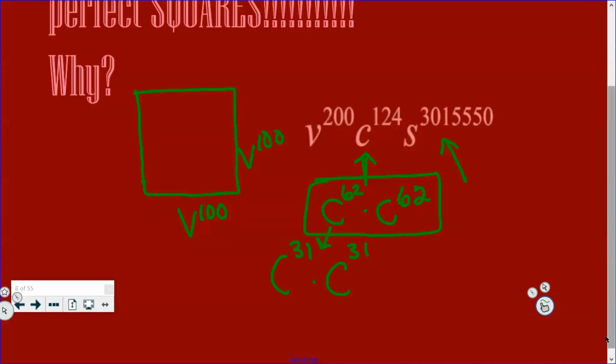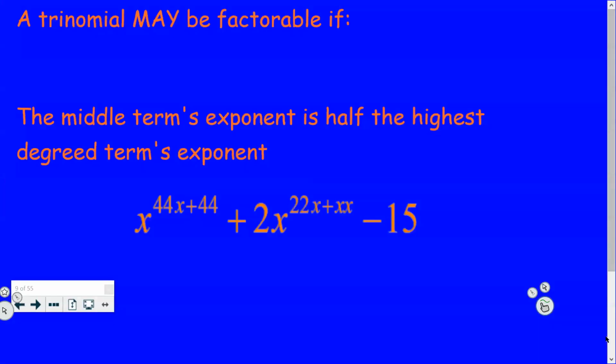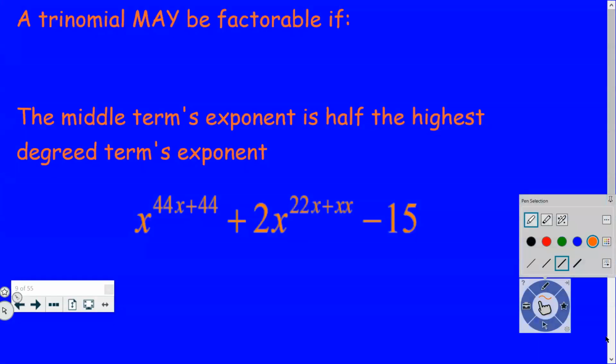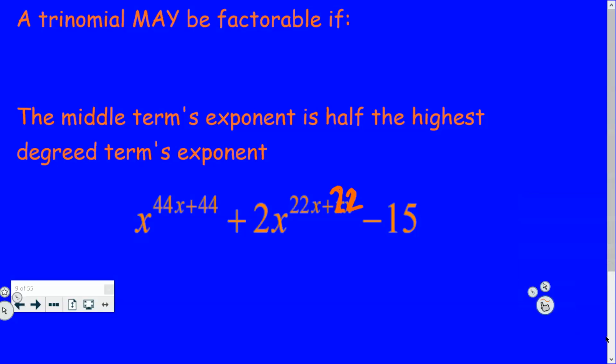All right, so things are going to get crazy with exponents. Speaking of exponents, they're going to be a little crazy in trinomials also. We're actually going to factor this right now. Let's go ahead and read what it says.